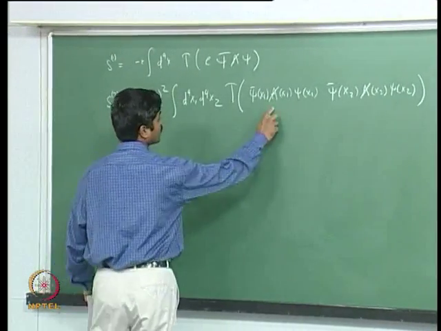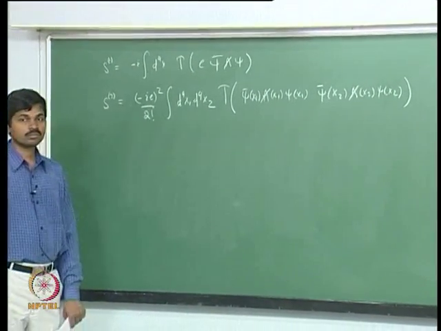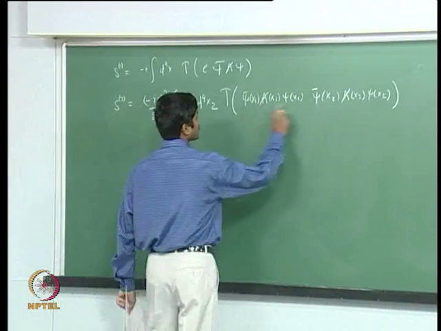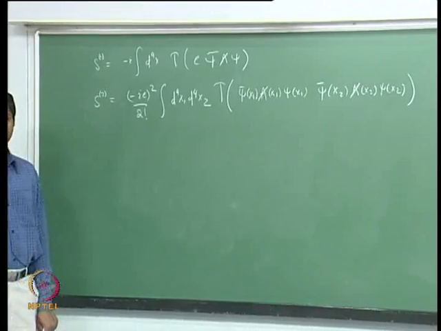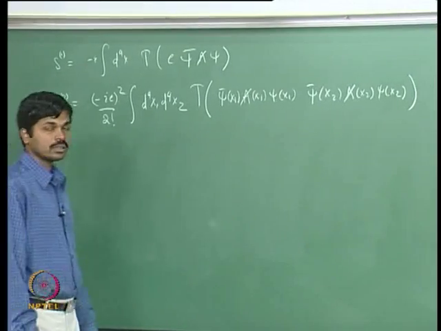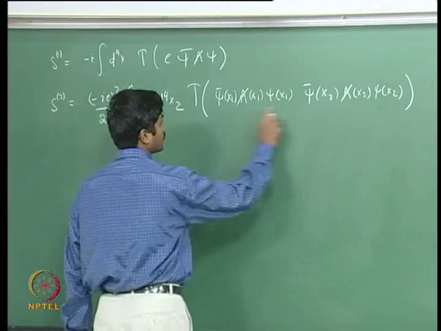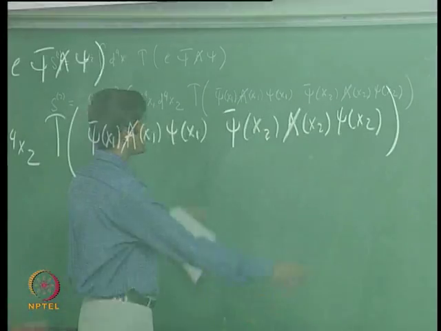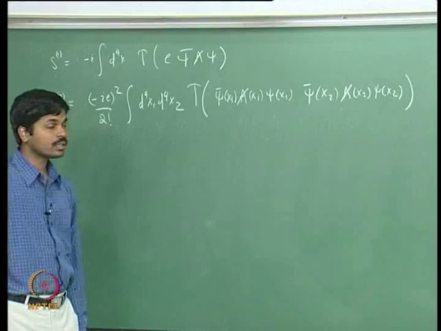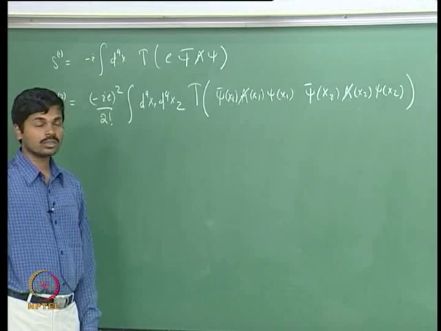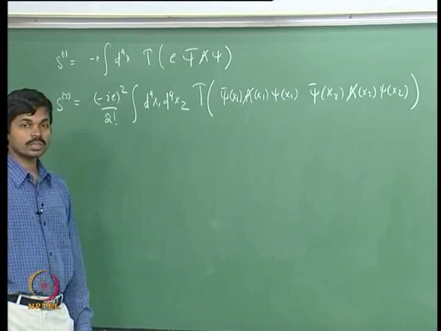Now, we can use Wick's theorem to express this time ordered product in terms of normal ordered products. So, what will we get when we express it in terms of the normal ordered product? We will of course get the first term as the normal ordered product of this, then all one contraction terms. So, what are all the one contraction terms?